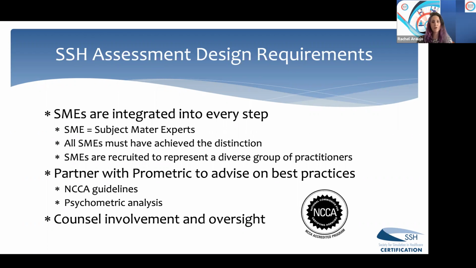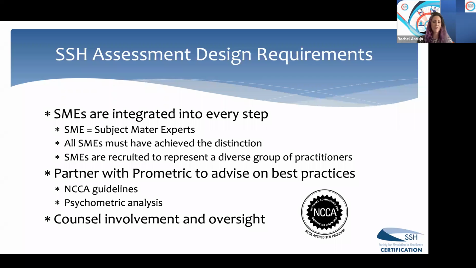We also partner with Prometric, who is our testing vendor, to advise on best practices, especially when it comes to the NCCA. So you see that little digital badge down there, that's for NCCA. They are the National Commission for Certifying Agencies.